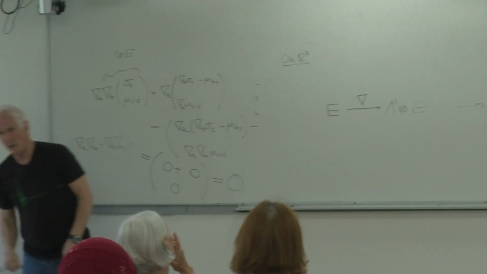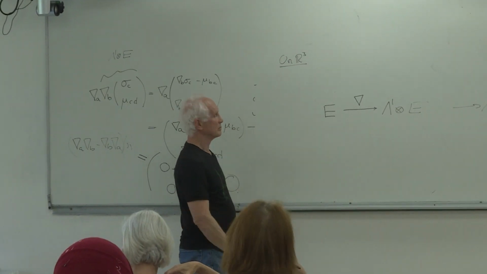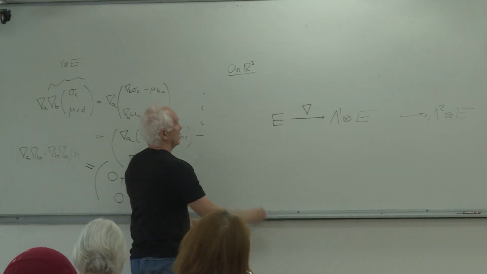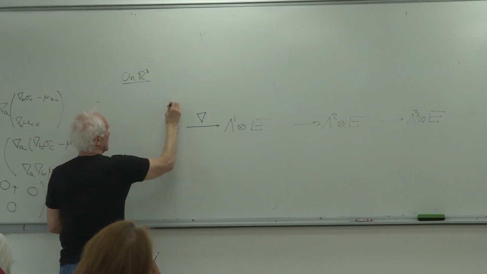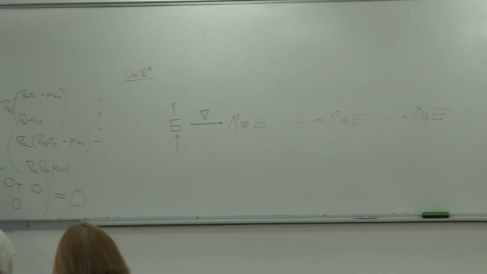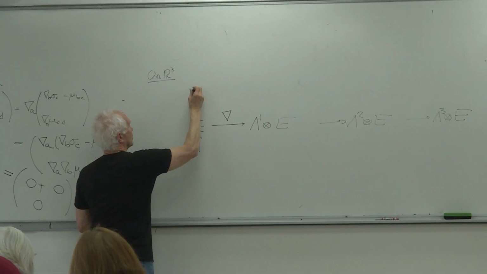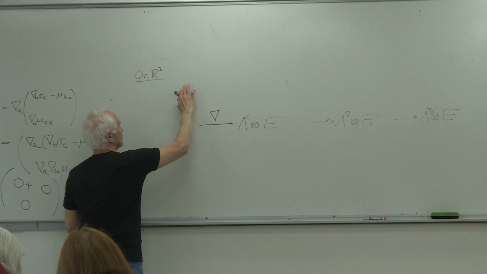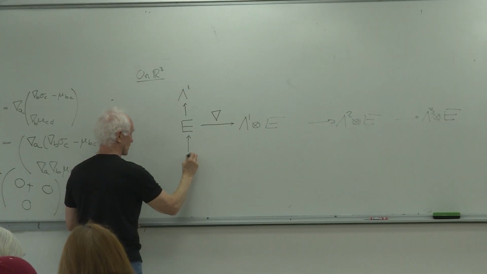Now remember that E is secretly 1 forms plus 2 forms. And so what I'm going to do is going to be a bit fancy about this and say that E you can project onto the one forms and you can include the two forms.